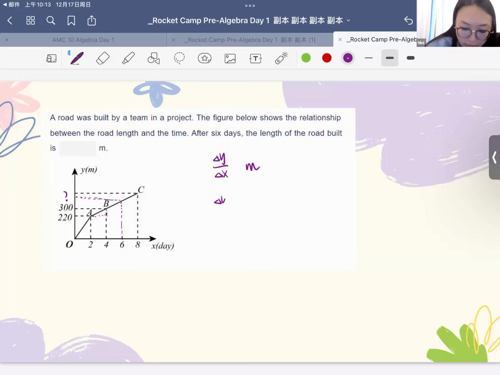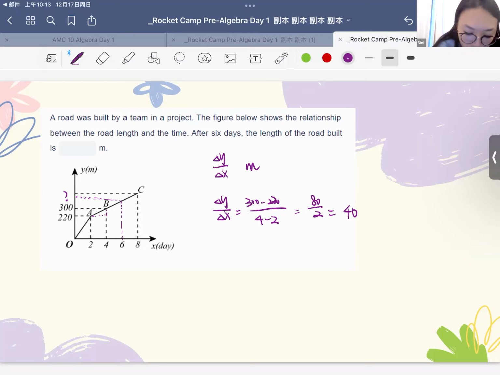The change in y divided by the change in x is just 300 minus 200 divided by 4 minus 2. So it's 100 here. So the result is just 80 divided by 2. Okay, so what is the m? m is just 40, right?